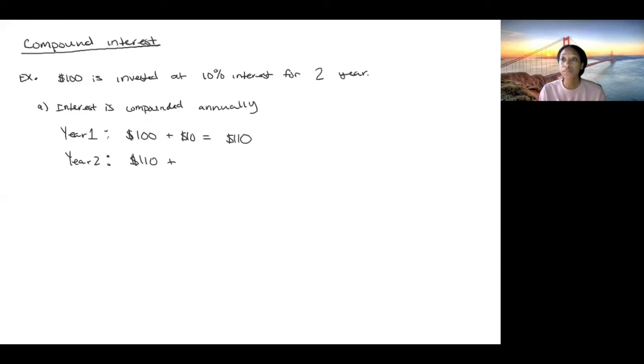So you earn 10% of however much money you had in the account for that year. So this time we earn 10% of 110. 10% of 110 is $11. So you end up with, let's see, $121.